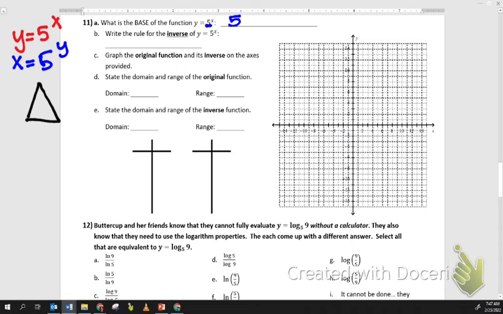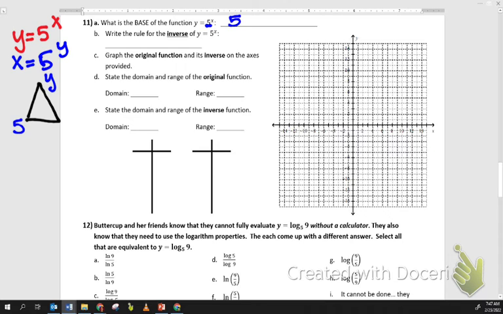I'm going to use my triangle because I have exponential and I want logarithmic. So we said our base is 5. Yeah, the 5 is going to be on the left. And the top would be y.